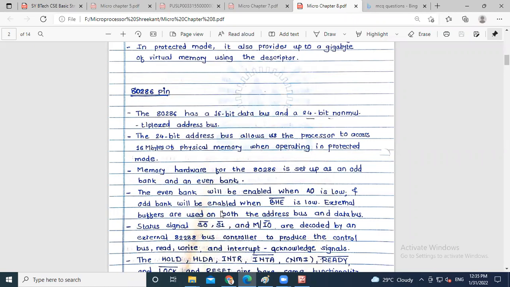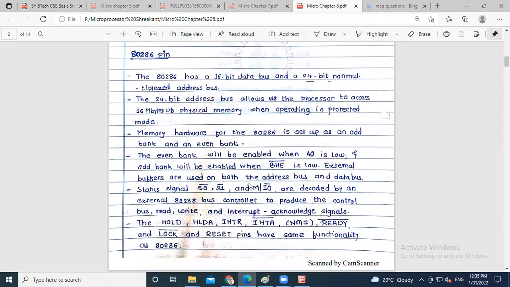Odd bank and even bank, already studied, right? The even bank is enabled when A0 is low, and the odd bank is enabled when bus high enable is low.